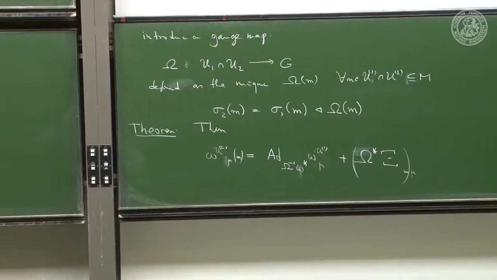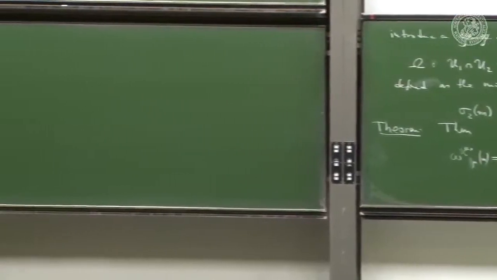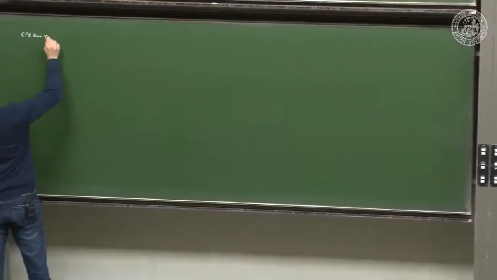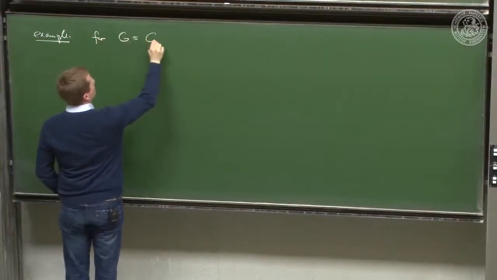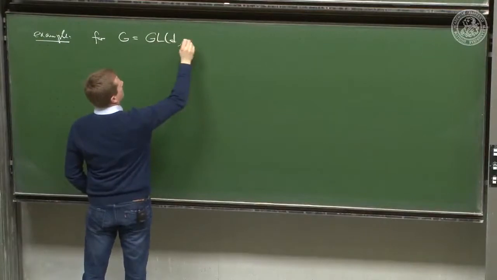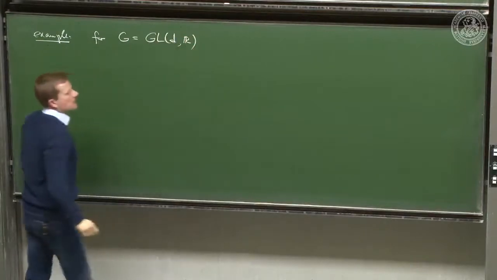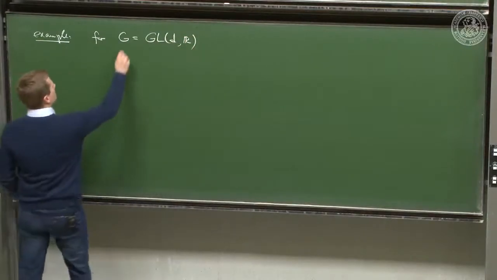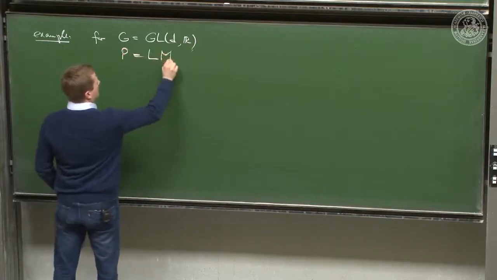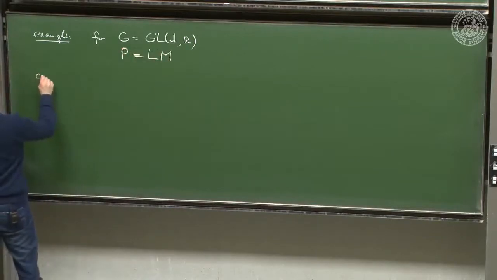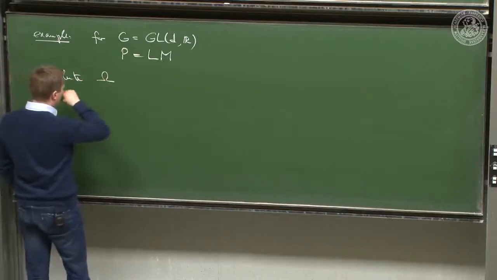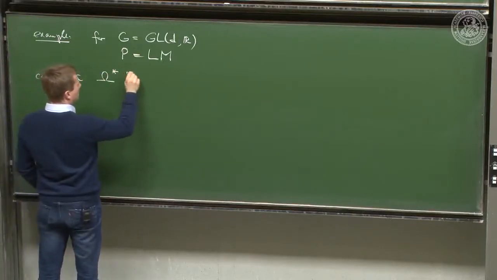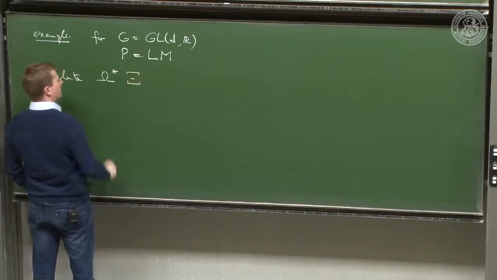So we calculate, for example, for G equals GL(d, R), and the frame bundle, we calculate omega pullback of the Maurer-Cartan form.